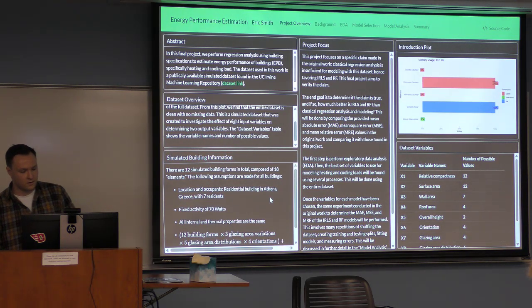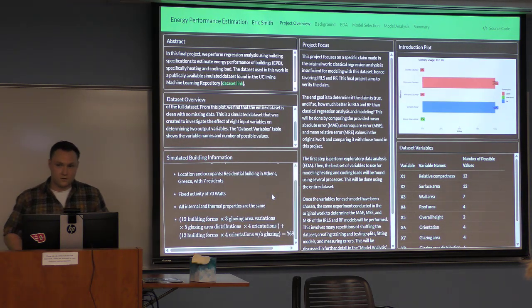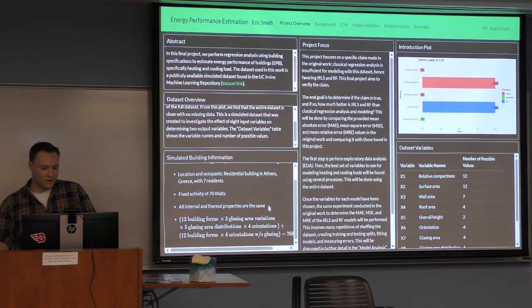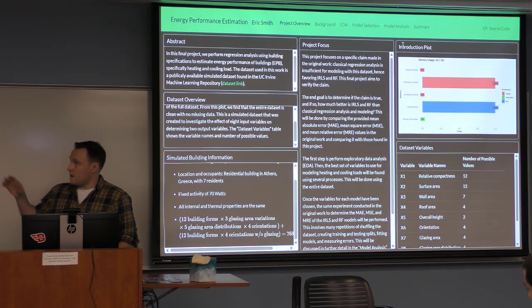Some of those constraints are all the buildings are in Athens, Greece, with 7 residents. They have a fixed activity rate. All of the internal and thermal properties are the same. And then when you combine different variations of forms, glazing area variation, distribution, orientation, ultimately you end up with your 768 buildings.